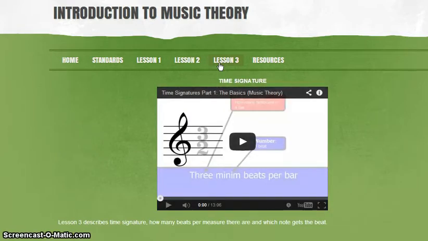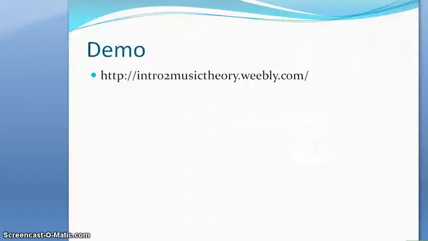And lesson 3 talks about time signature and beats and how to read how many beats there are in a measure and which note gets the beat. So this video talks about the basics of time signature. And then the resources page simply cites the sources that were used for the images in creating this project.